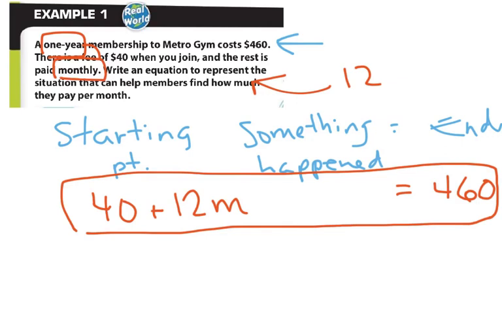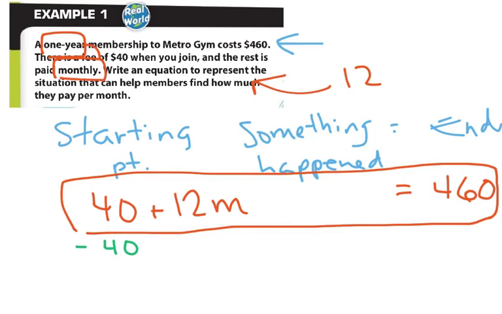And so we actually have to take care of the addition and subtraction and undo that first. And so over here, I got to get rid of the 40 first. And so on both sides of the equation, since this is a positive 40, I have to undo it, and I have to get rid of it, and to get the m by itself, which is my ultimate purpose, is to find out what m is.